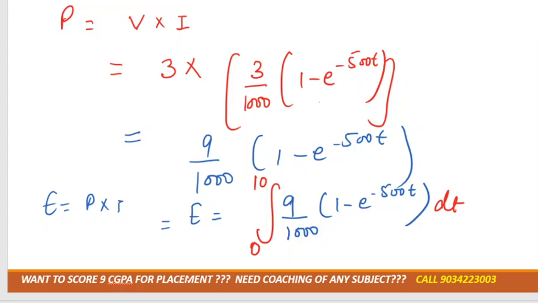Okay, now you need to solve it. 9 by 1000 is constant, you can take it outside. Then you can do it further, right? It's an integration.